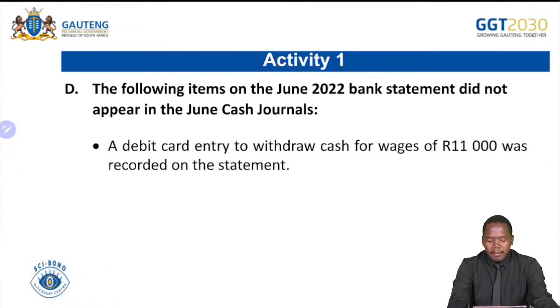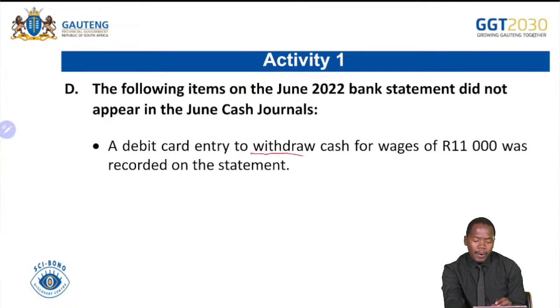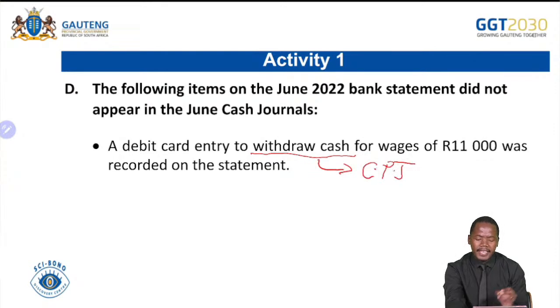The following items on the June bank statement did not appear in the cash journal. A debit card entry to withdraw cash for wages for 11,000 was recorded on the statement. Now, just look at how we're supposed to record this. Remember the word withdraw. When you are learning, please do active learning. Underline what is important. The word withdraw of cash, I already think I am paying.